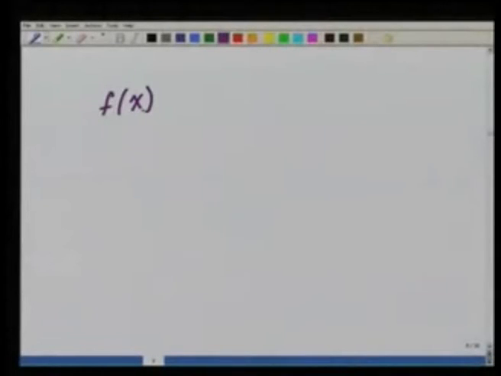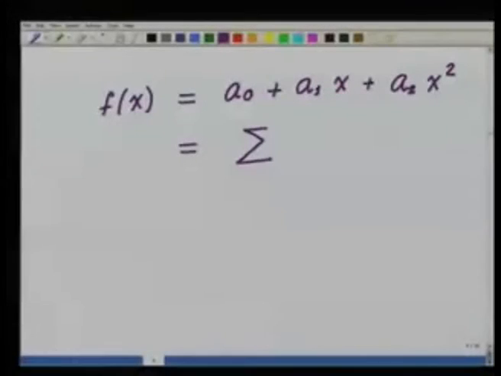We would like to see whether a function of this type, f of x, given as a generic quadratic a0 plus a1x plus a2x squared, can be represented as a linear combination of the phi i's. That is, alpha i phi i.